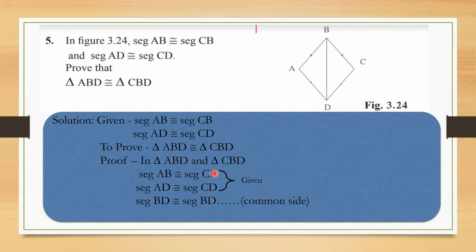So by which test? We have three elements congruent, so definitely these two triangles are going to become congruent. By which test? SSS test. So write down triangle ABD is congruent to triangle CBD by SSS test. That means side-side-side test, because three sides are congruent.